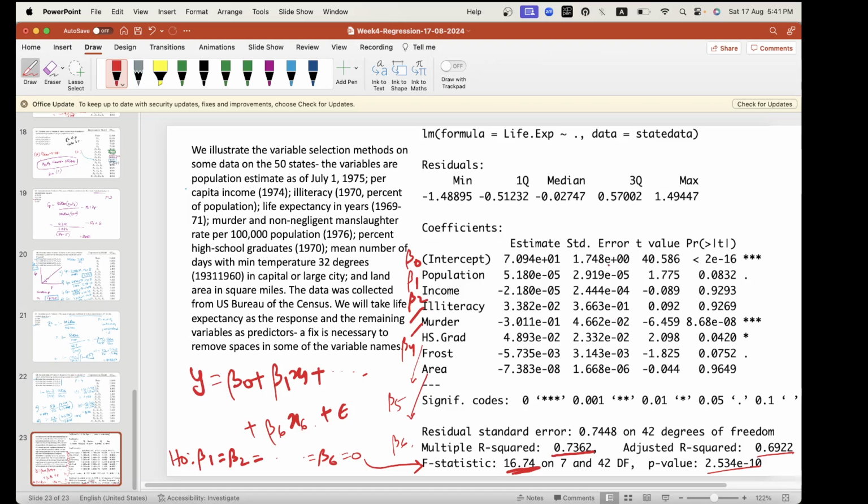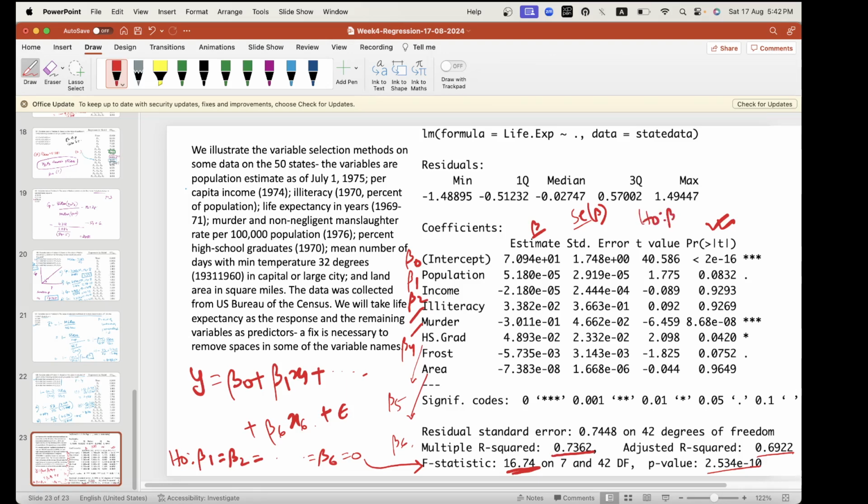All right, now we can see from here that population is somewhat significant. We have to look at this column, the p value. So this is your estimate beta value, this is your standard error of beta, and this is your observed t value for each of the individual tests.